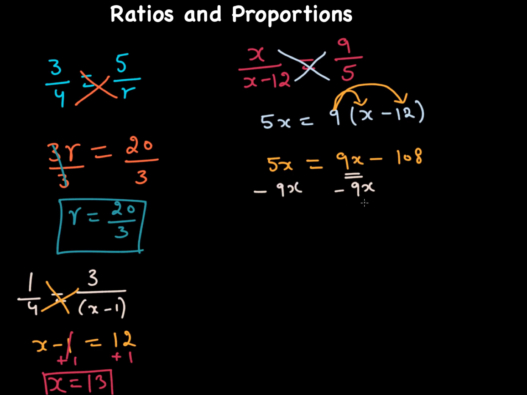So 5x minus 9x gives me negative 4x, and that will be equal to negative 108. The next step is to divide. We just want x, so I want to get rid of this negative 4. Let's divide both sides by negative 4. This will cancel out, this will give me only x, and this side will give me 27.